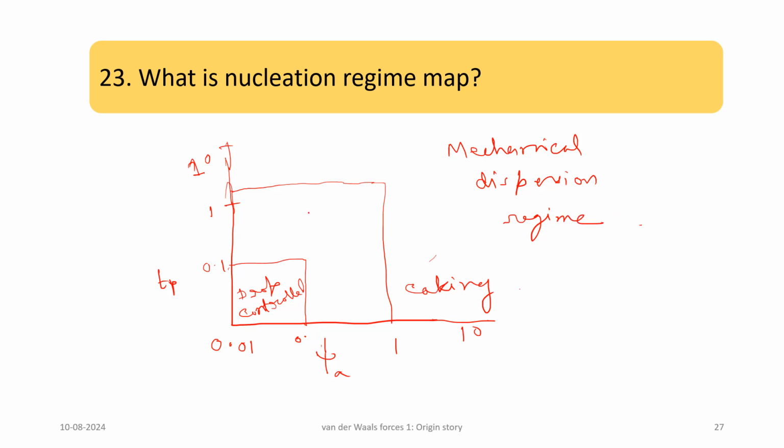In between these two, the droplet control regime and the mechanical dispersion regime, there is the intermediate regime. So this is the map or representation of the nucleation regime.